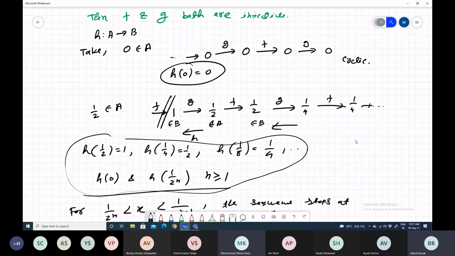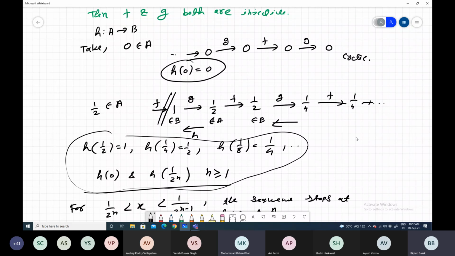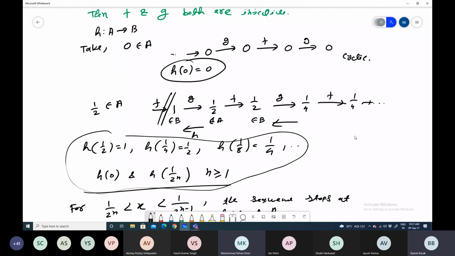Actually, for an example, in the class notes, I did not have time, so I just kept some parts. If you look at the class notes, you can see that I tried with 0, 1 by 2, 2 by 3, a few random numbers, and you can see the pattern.